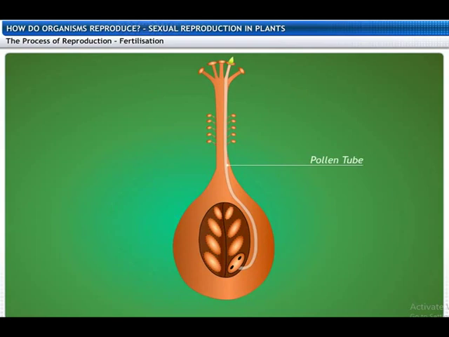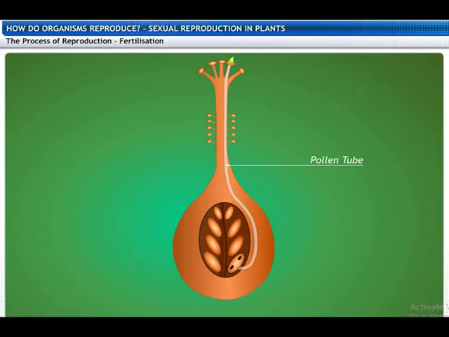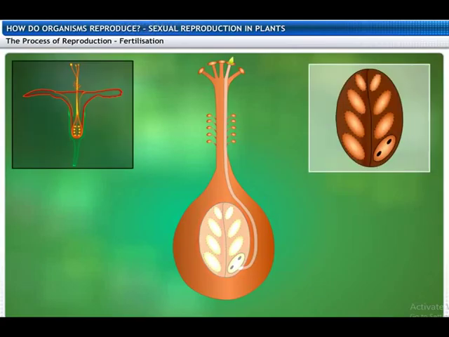To enable the pollen grains to reach the female germ cells, a tube grows out of the pollen grain and reaches the ovary. This tube is known as the pollen tube.